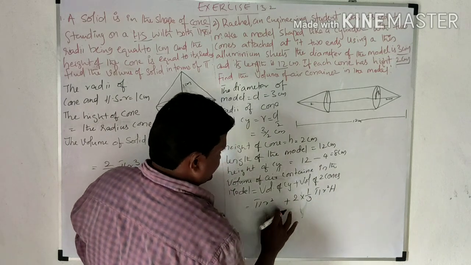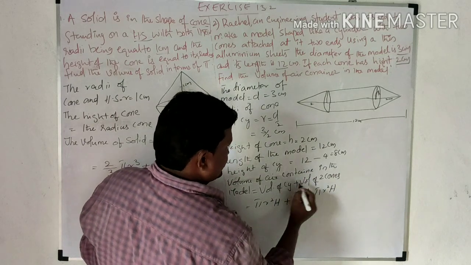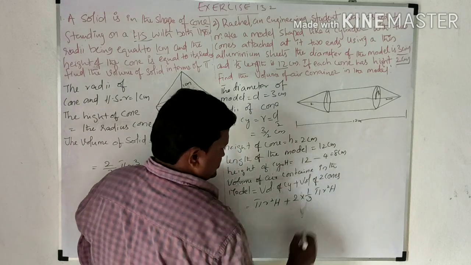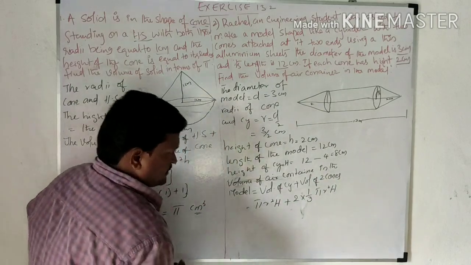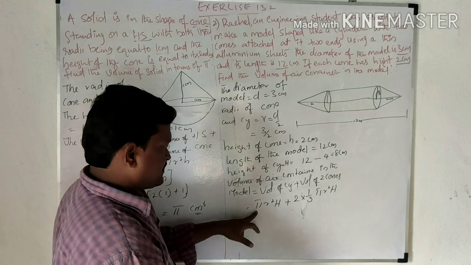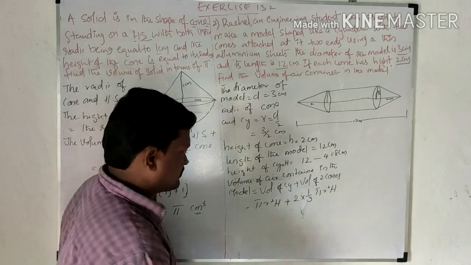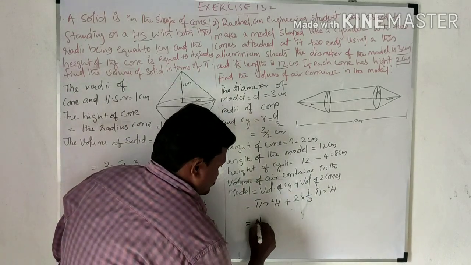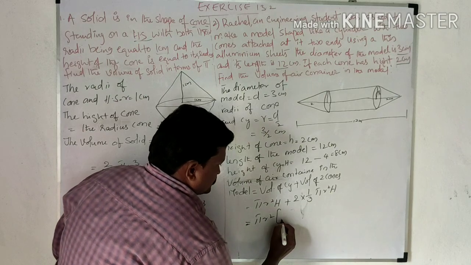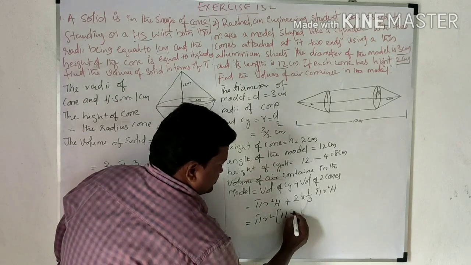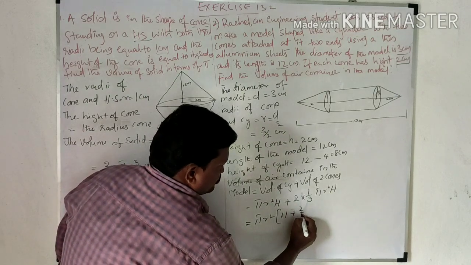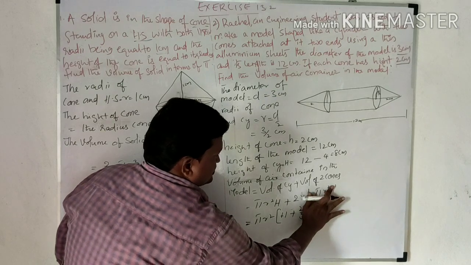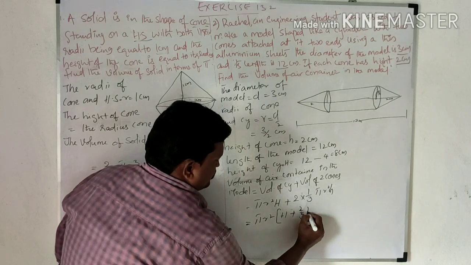Sorry, this is capital H you can write for the cylinder. Okay, and see what is common here? Pi r square will be common. So pi r square into capital H plus 2 by 3 into small h, cone means small h.